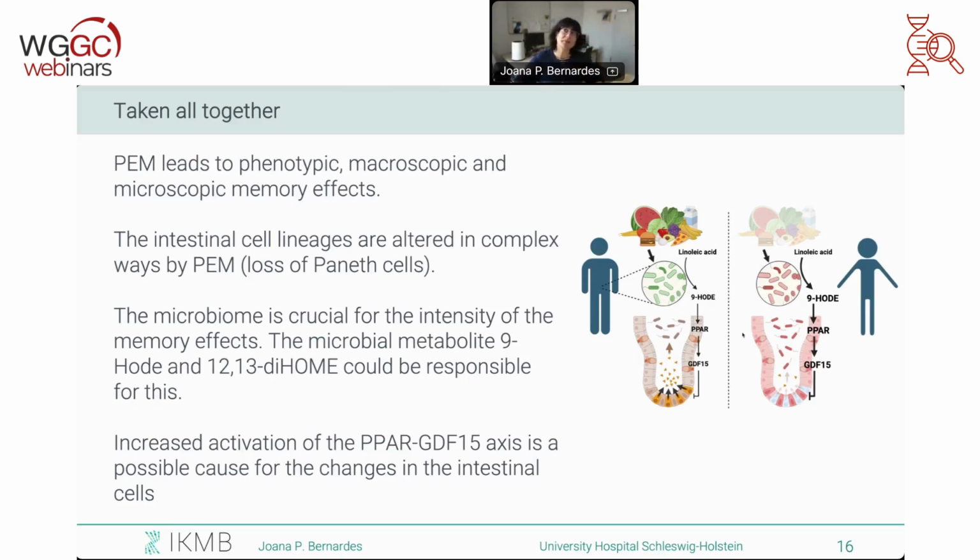So yeah, there's still a lot of things that we are interested in. We are now trying to find the microbes that are behind this to see if we can quantify them, which could potentially be used, for example, to study better supplementation for people that are in crisis regions.